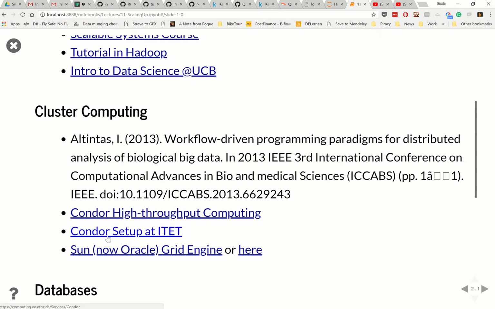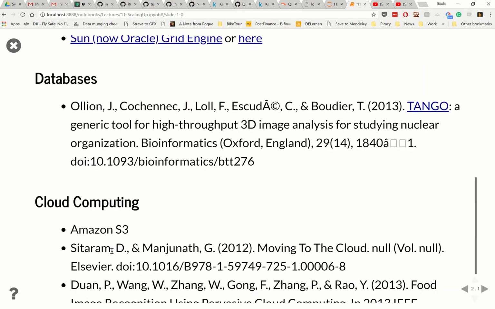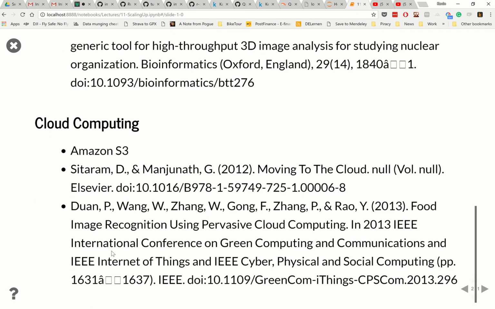So take advantage of the computer labs to scale up your analysis, and then tools like Sun Grid Engine, which is a similar tool to what's used on a lot of the larger clusters at ETH. And then a bit more on sort of databases and the theoretical background for that. And then finally, some cloud computing articles, although we won't get into that in too much detail.